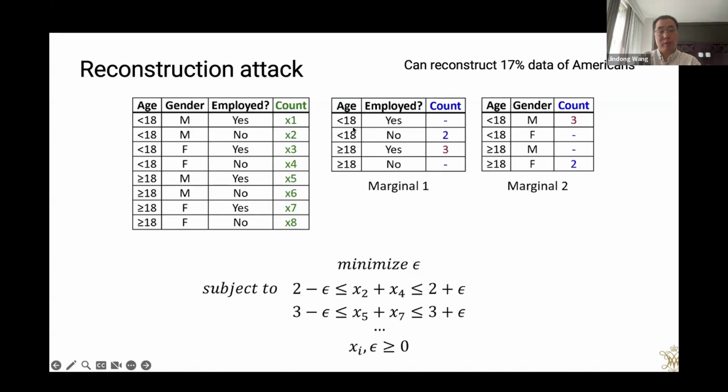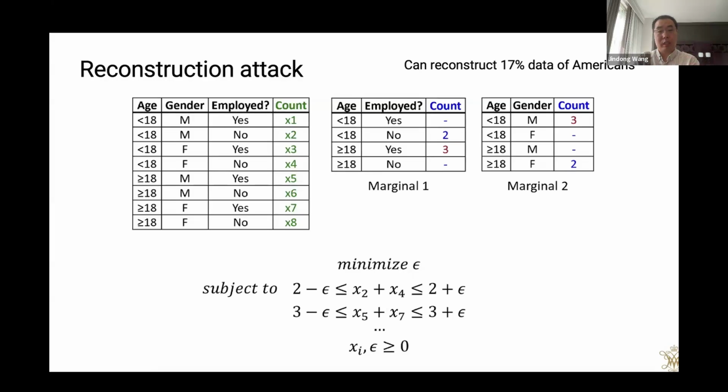Then we do the marginal contribution. Marginal means we do the aggregation for less than 18 and employee yes, we do the count, and less than 18 employee no, we do the count, and you immediately get the marginal contribution of age and employee. Then you can solve this linear equation system, like x2 plus x4 should be less than 18, so this should be around 2 because according to this table it is 2. But here I'm going to allow some flexibility.